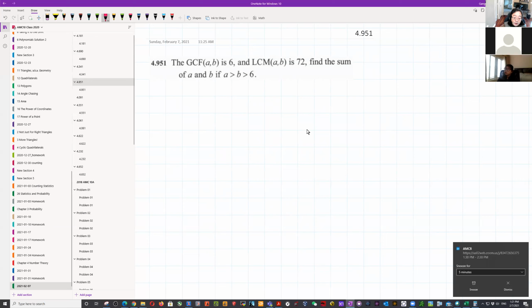So basically, if we factor out 6, it is 2 multiplied by 3. And if we factor out 72, it is actually equal to 8 multiplied by 9, equal to 2 to the third multiplied by 3 squared.